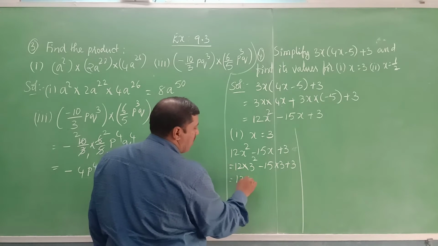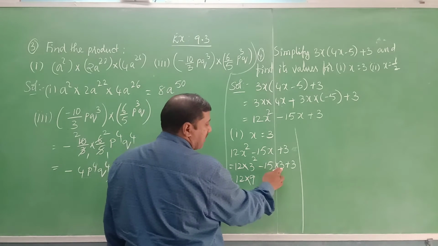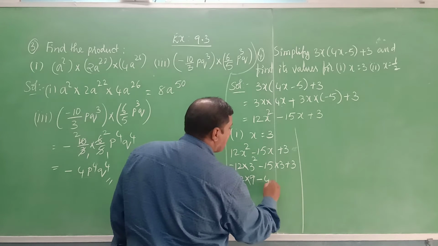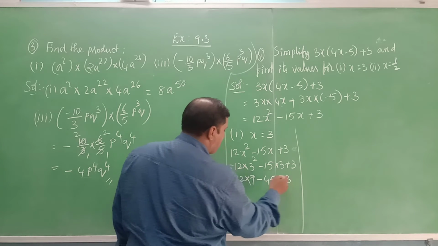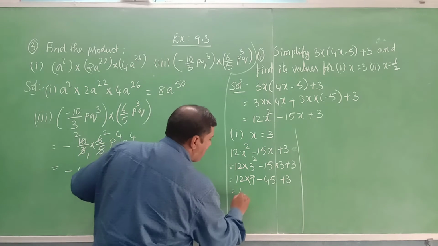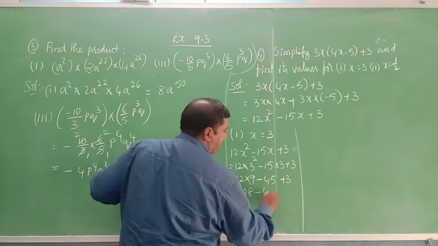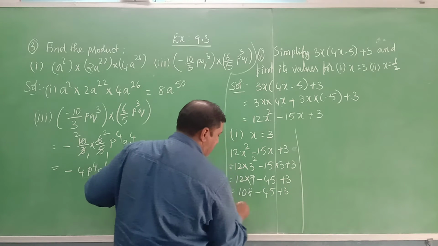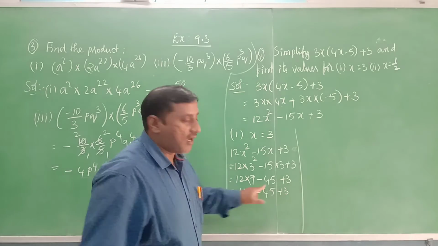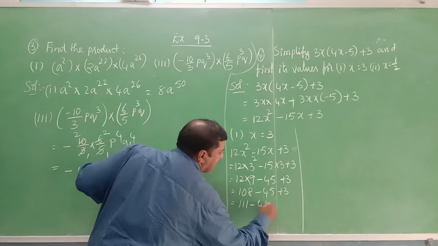Simplify. 12 into 3 square is equal to 9. Minus into plus is minus 15 into 3, 15 threes are 45, plus 3. Now multiply 12 into 9, 12 nines are 108 minus 45 plus 3. Now add the positive integers. 108 plus 3 is 111 minus 45.